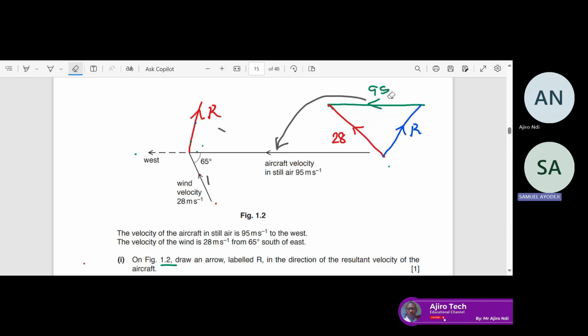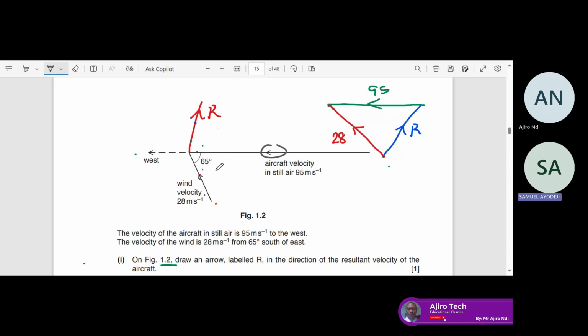Forming that triangle means 95 and 28, and the angle will be 65, and we have to put 65 here. This one, 95, makes an angle between them, and this one is 65.